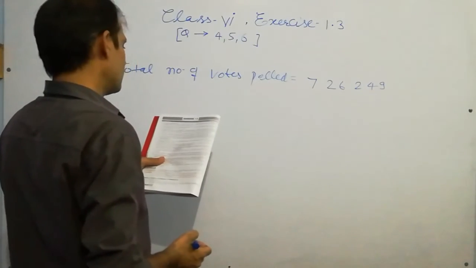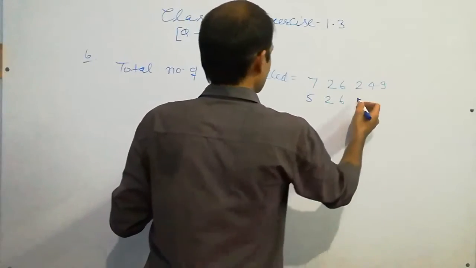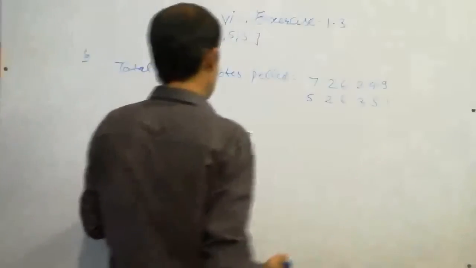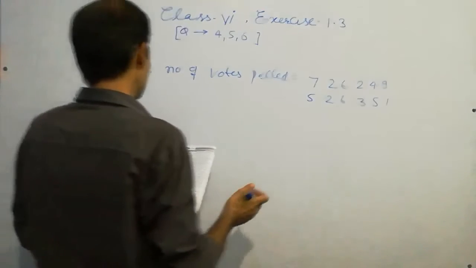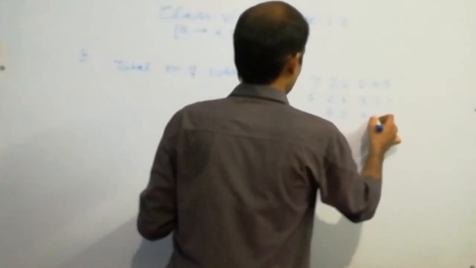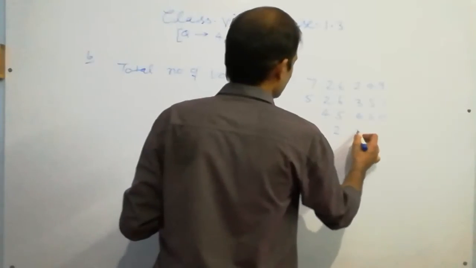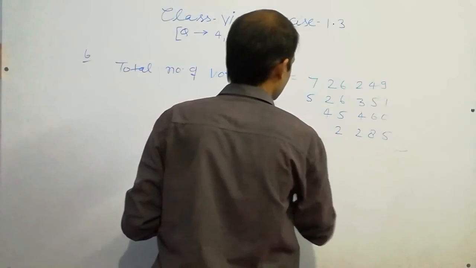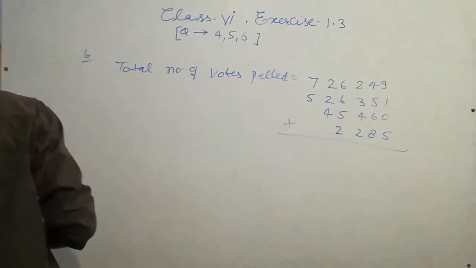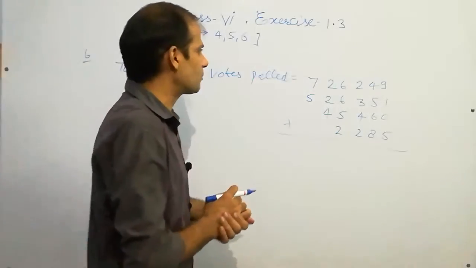Next is 526,351. Third value is 45460, and last value is 2285. Add all the values, so you will obtain the number of total votes polled.